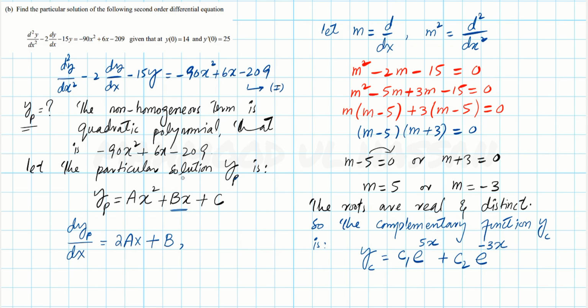The second derivative, d squared y sub p over dx squared, is just 2a. Now we are going to put these derivatives in equation number 1.